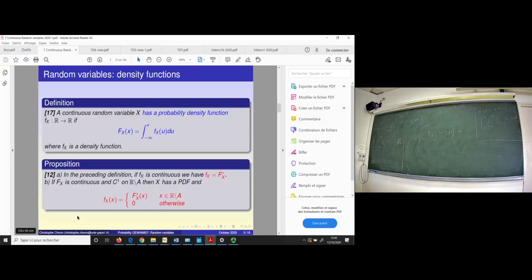But here, my density function is what I have below, this one. Because I can express the distribution function as the integral between minus infinity and x of this mapping that becomes the density function of X.